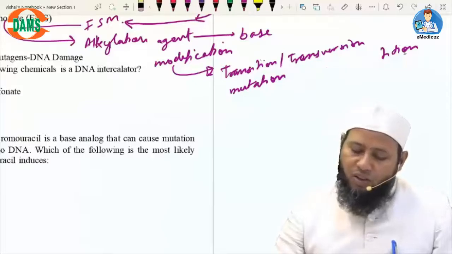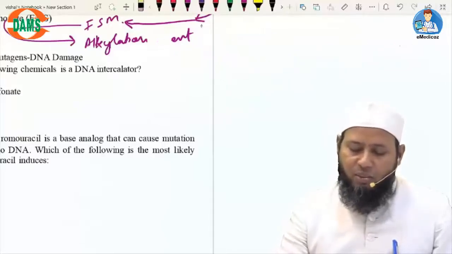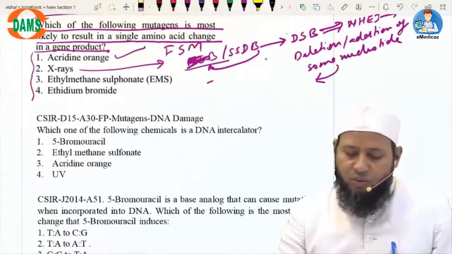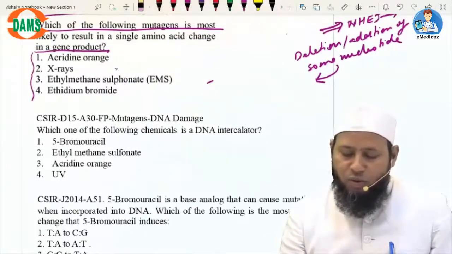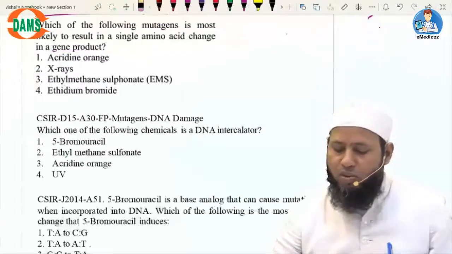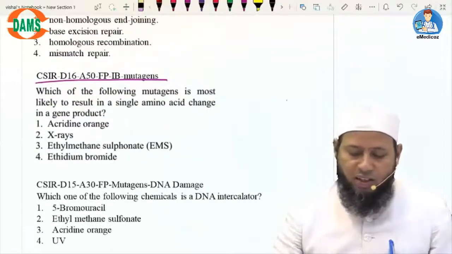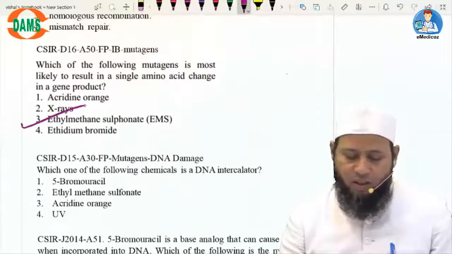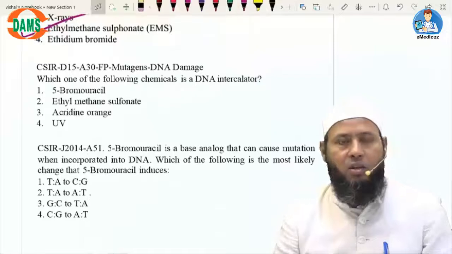So now we know that the answer will be ethyl methyl sulfonate. So this will result in a single amino acid change. Change means substitution: one amino acid will change into another amino acid in the polypeptide. The answer will be your third, ethyl methyl sulfonate.